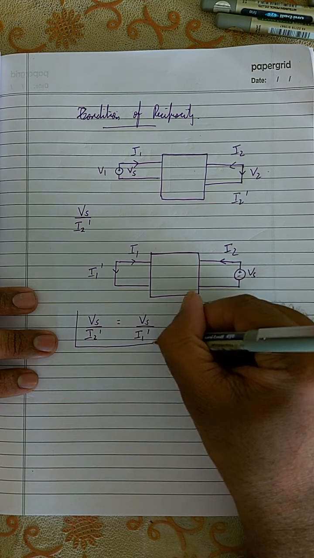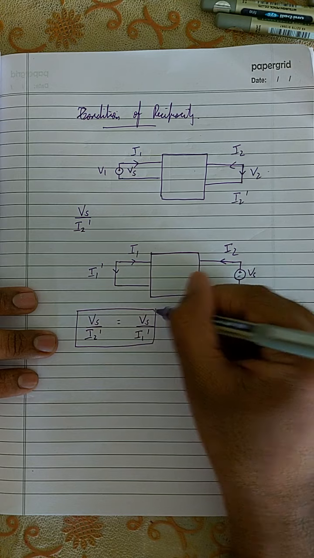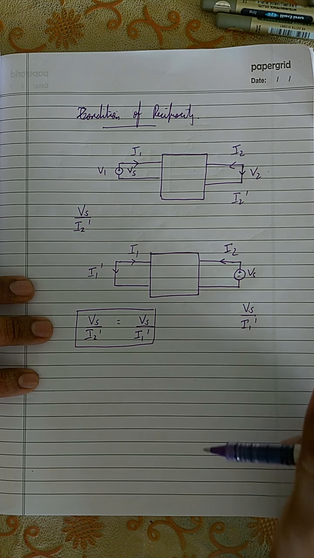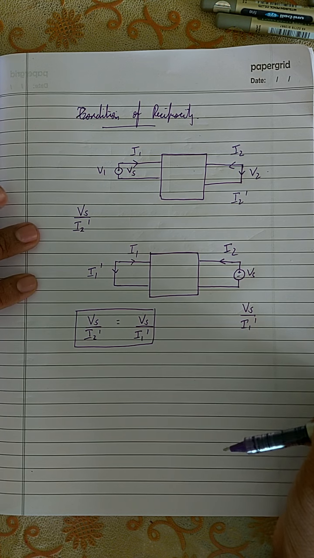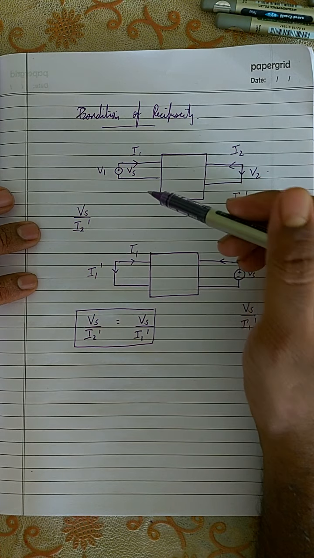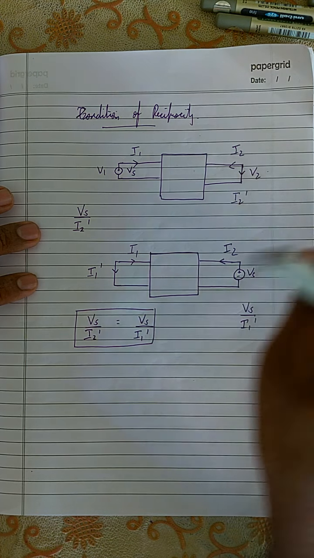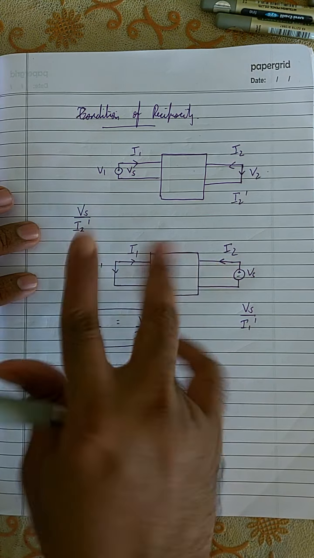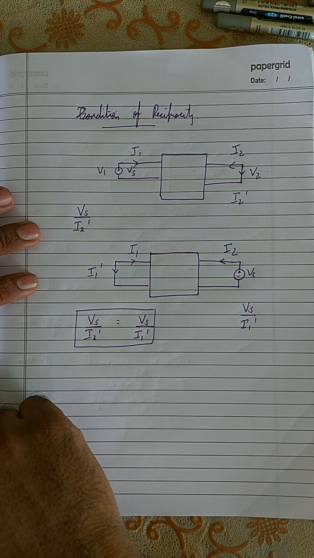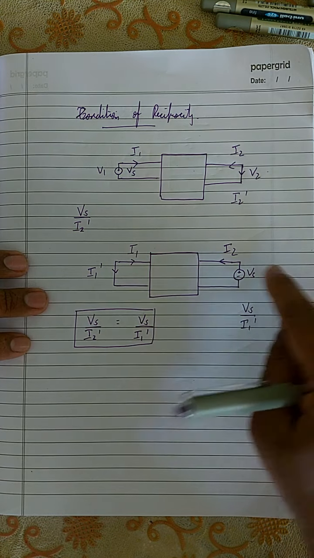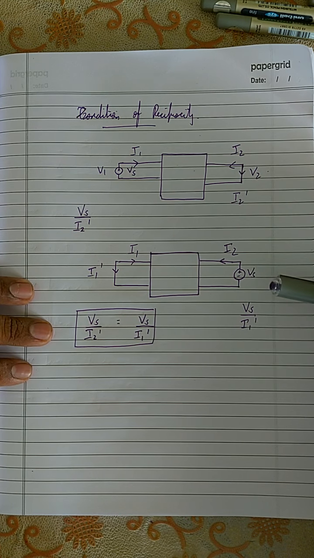This is the meaning of reciprocal, or this is the condition of reciprocity. That is, a network is said to be reciprocal if the ratio of the excitation to the response is the same when the excitation and the response are reversed. The ratio between the excitation and the response always remains the same. Such a network is called a reciprocal network.